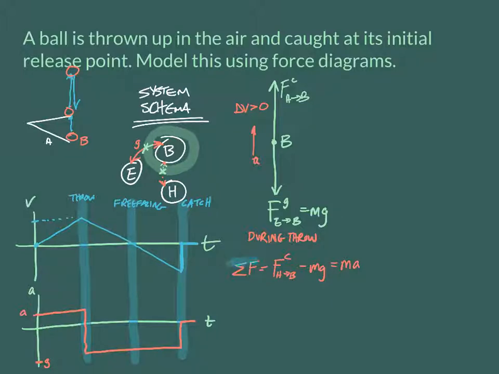So when we sum the forces, that is a Newton's second law statement about the forces. I've modeled the forces during the throw. So if I knew the mass of the ball and I knew what its acceleration was, let's say I knew what its speed was when it leaves the hand, that means I know what its change in speed was.